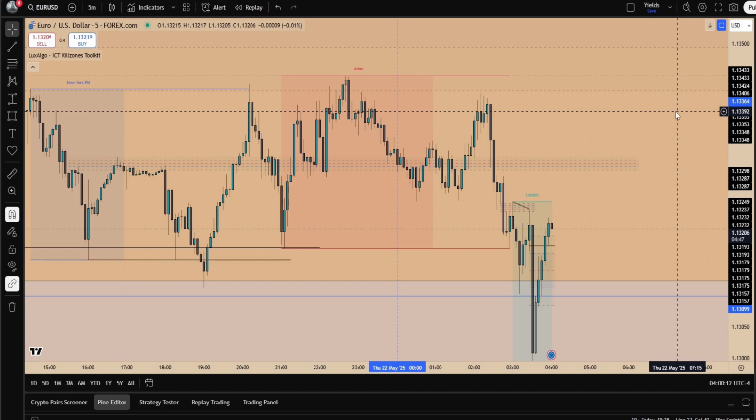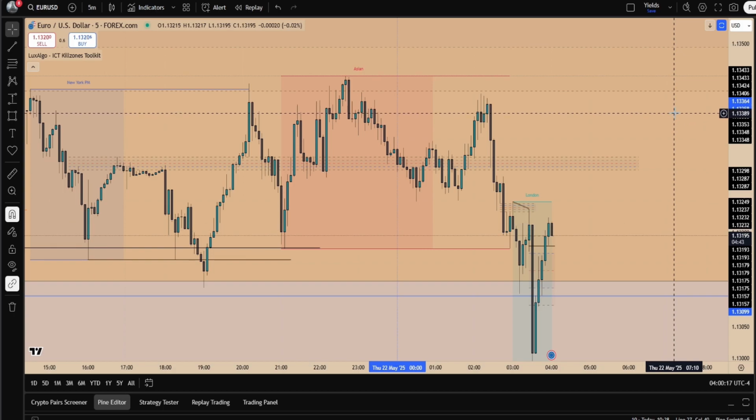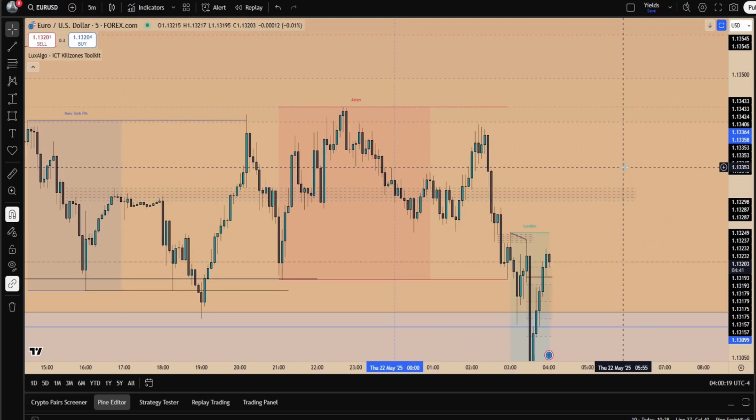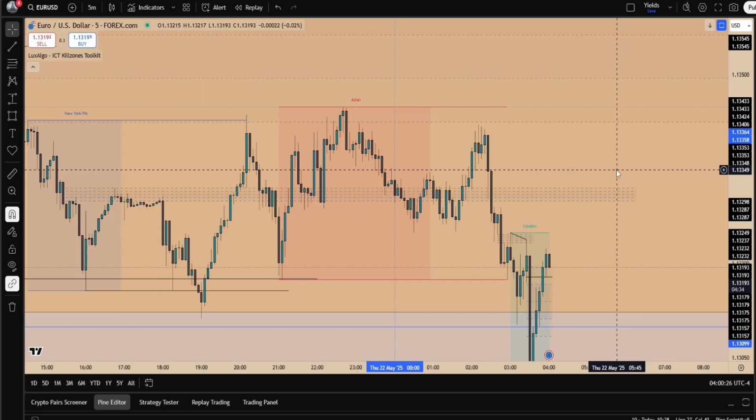In this case, I can make a better judgment and say that, okay, because it didn't do this one thing, now it's more likely to do the other thing, which in this case is trade lower.